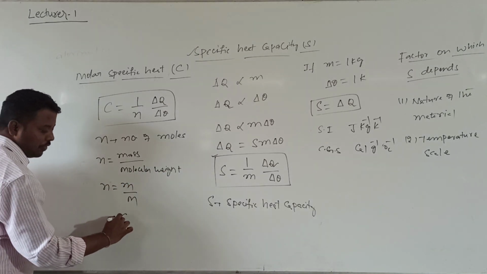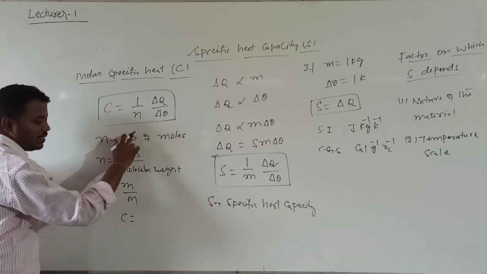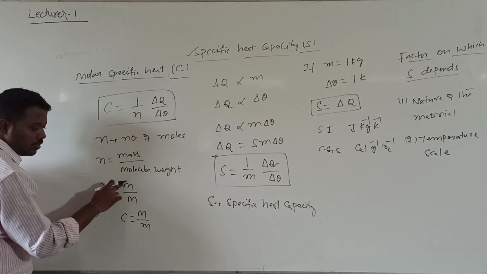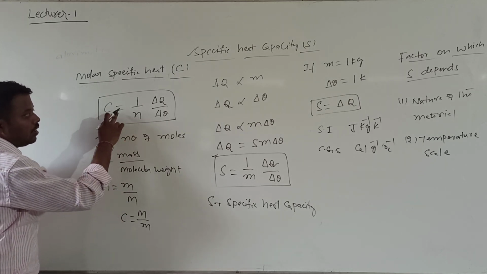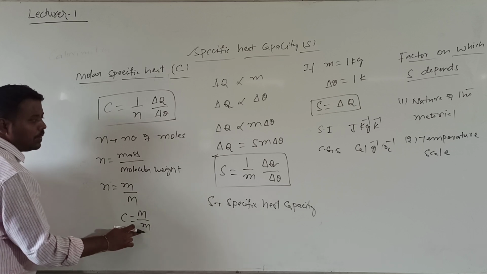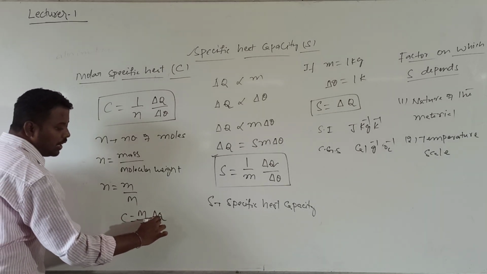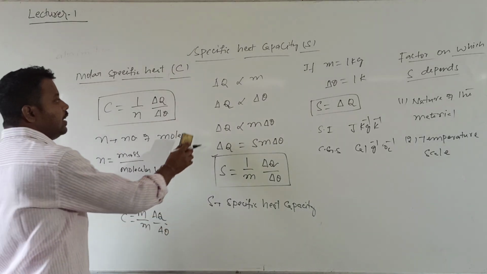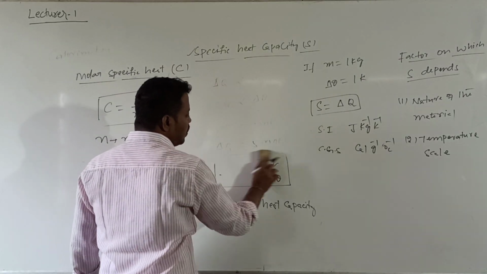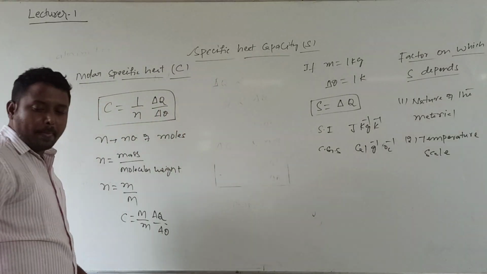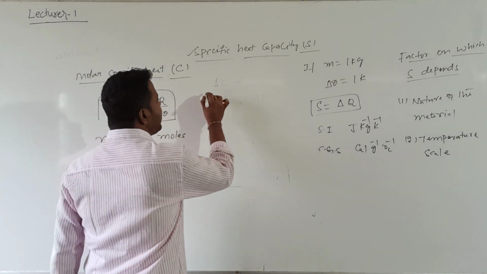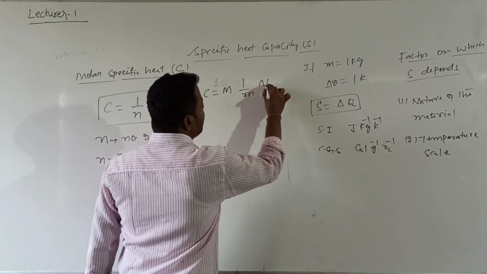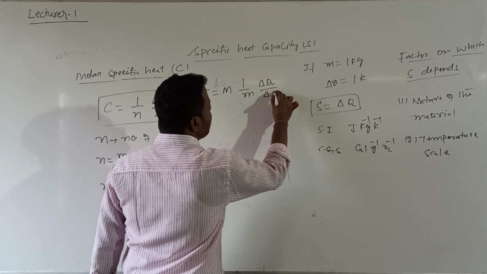In the C formula, 1 by n becomes capital M by small m, so C equals capital M into 1 by small m into delta Q divided by delta theta.